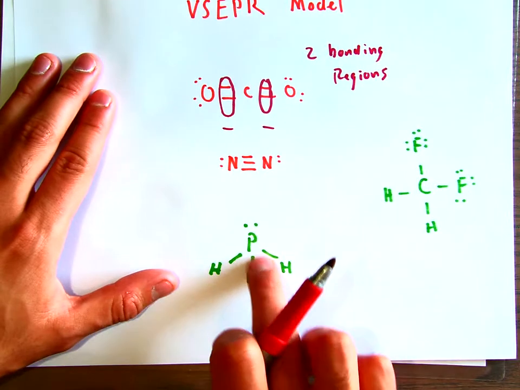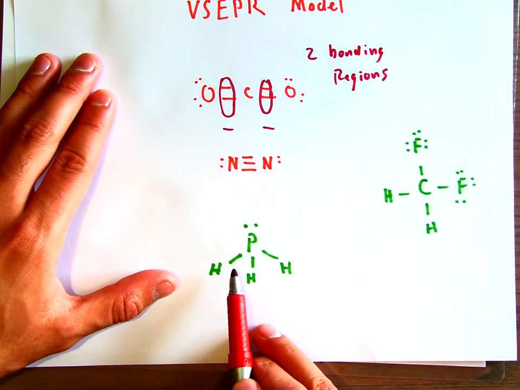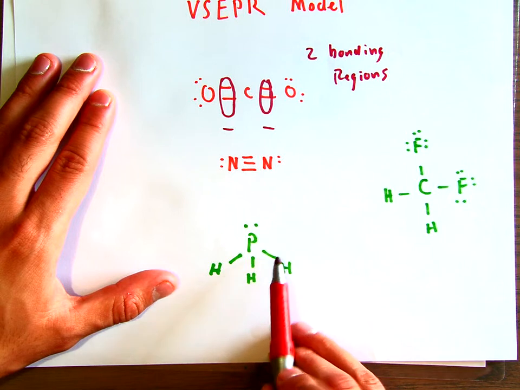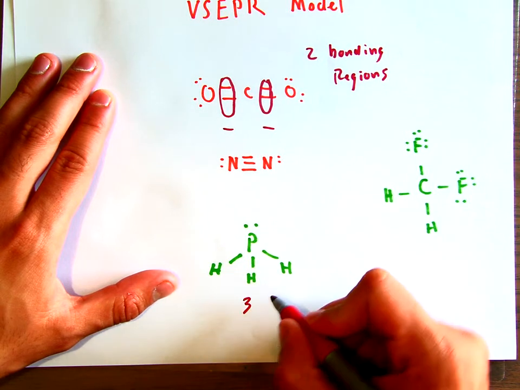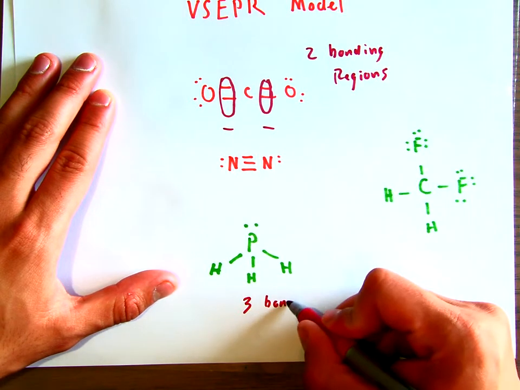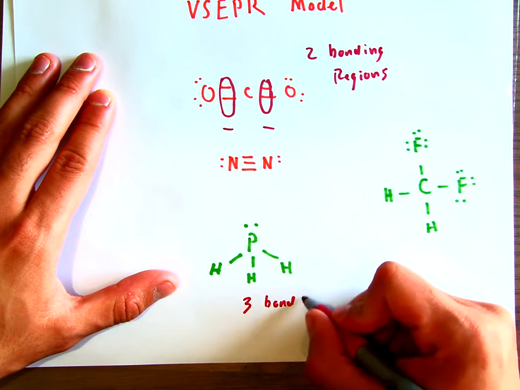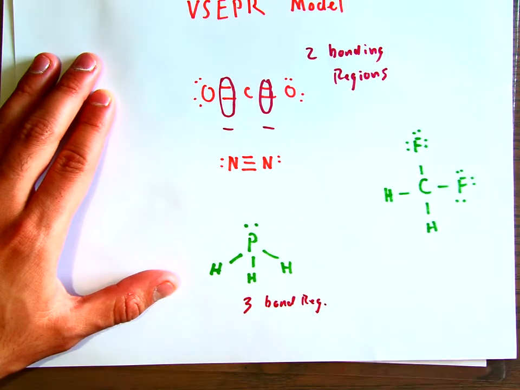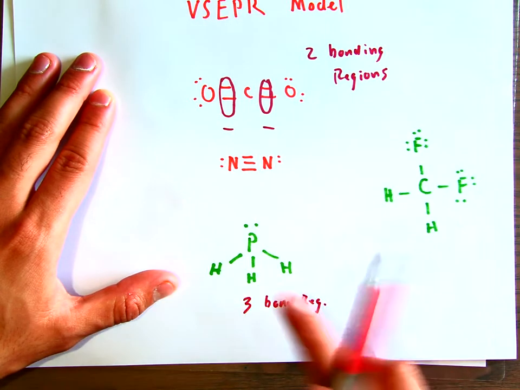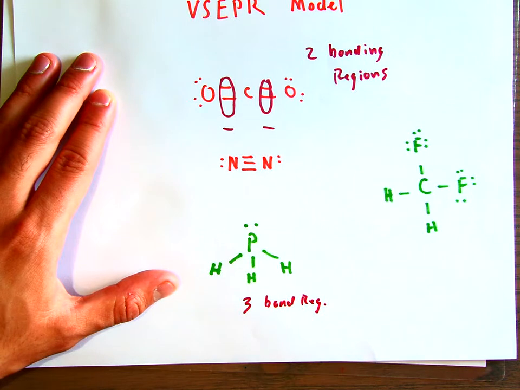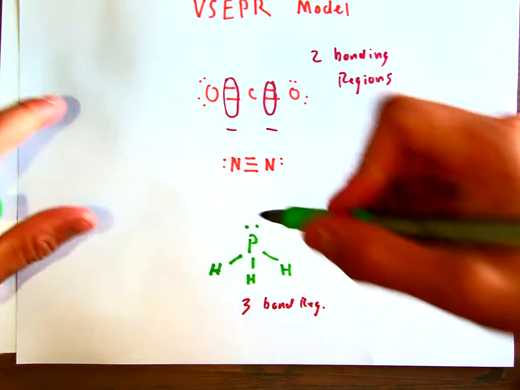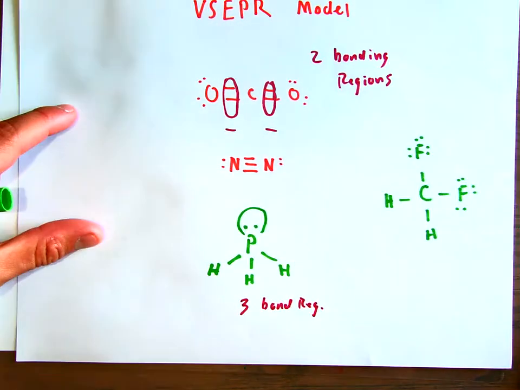In this center atom, we have 1, 2, 3 bonding regions, and we have 1 lone pair region, because this is a lone pair, right? Remember, lone pairs are pairs of electrons that are unshared.